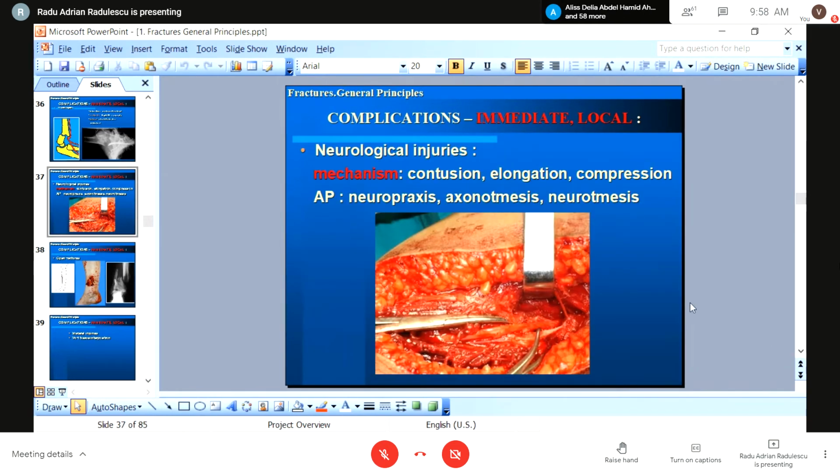Other complications may be neurological, referring to the nerves. So the same way that a bone fragment may impinge over the vessels, it may impinge also over a nerve from the neighborhood. And we may get a contusion, elongation, or compression of the nerve.